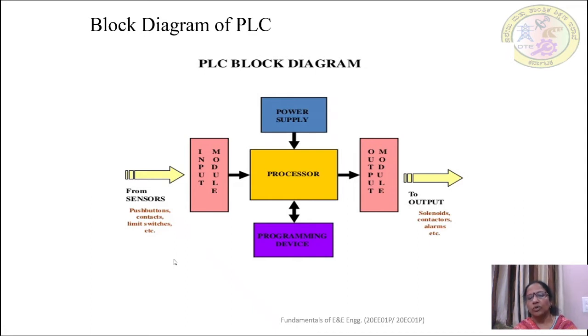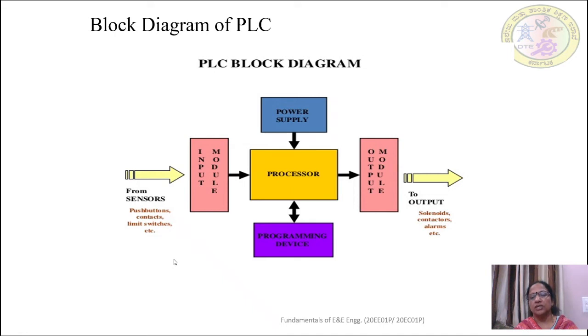So at the output module, devices like solenoids, contactors, and alarms are used to get the output from the processor. If you see the operation of the PLC, the input is applied to the processor through the input module with the help of the sensors, and this input is processed by the processor by using the programming device, and then the result is generated.